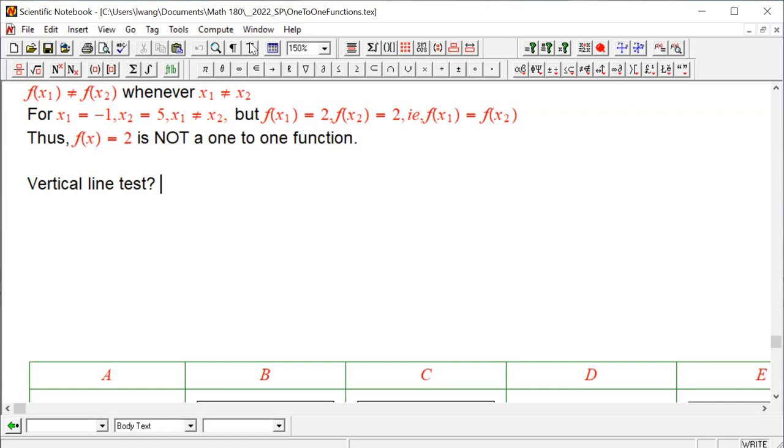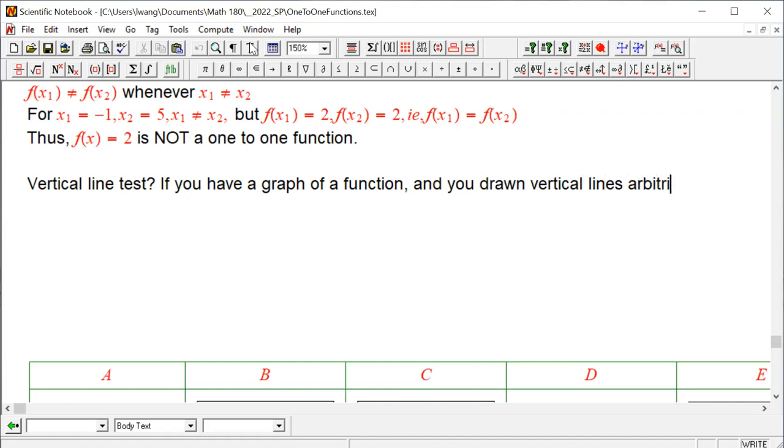Vertical line test says, if you have a graph of a function, okay? And you draw vertical lines arbitrarily, freely.